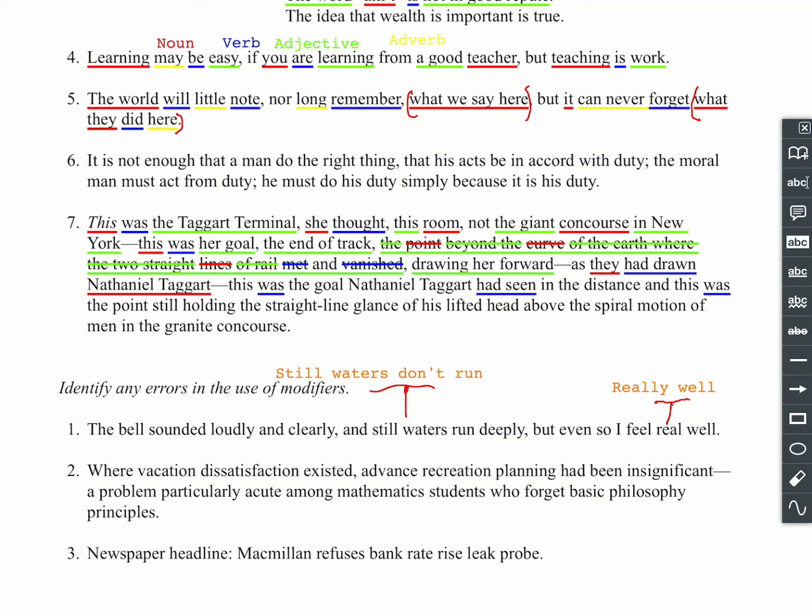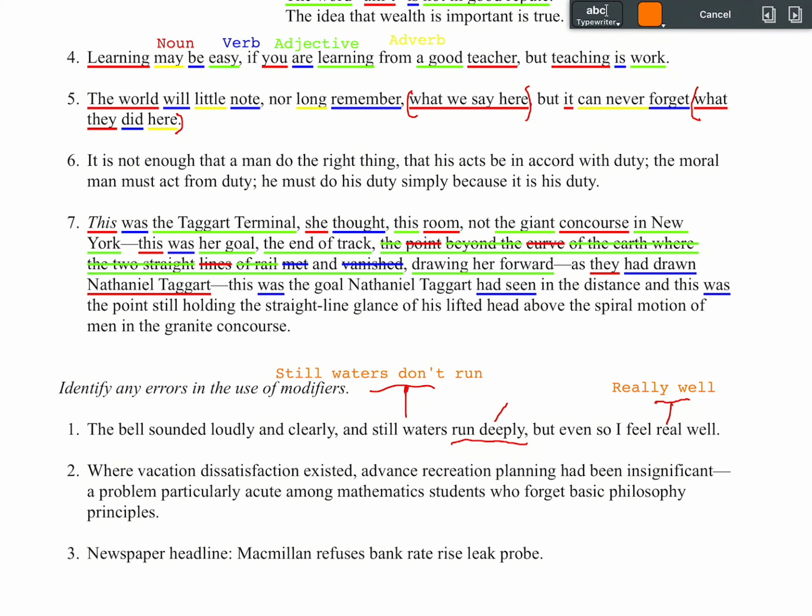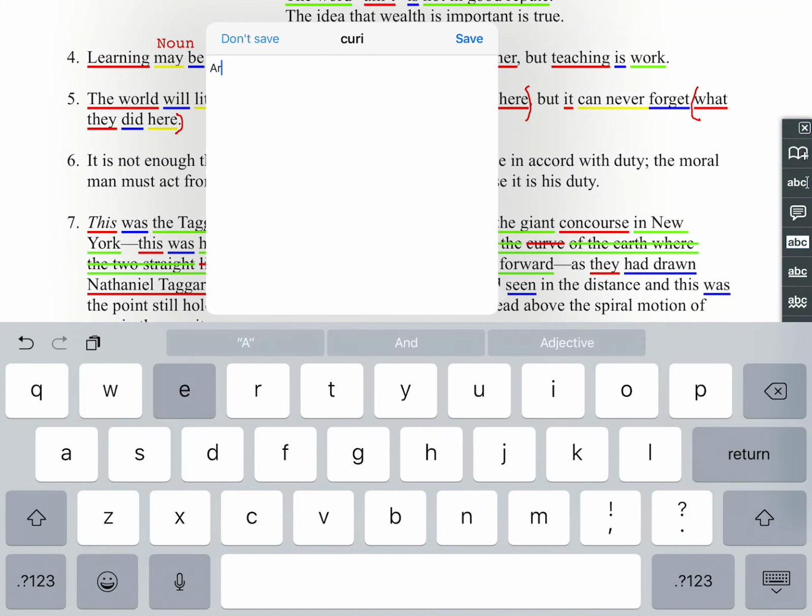Or better, "still waters are deep because they don't run." So I think there's a problem there. I'm having trouble saying exactly what the problem is, but... are deep?